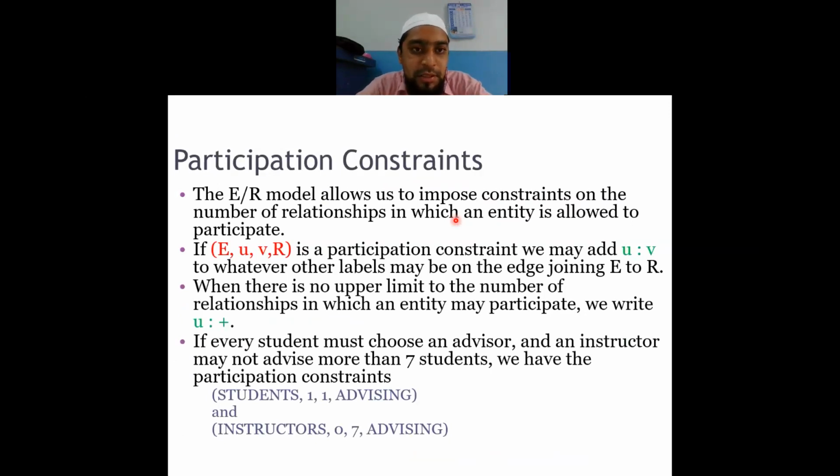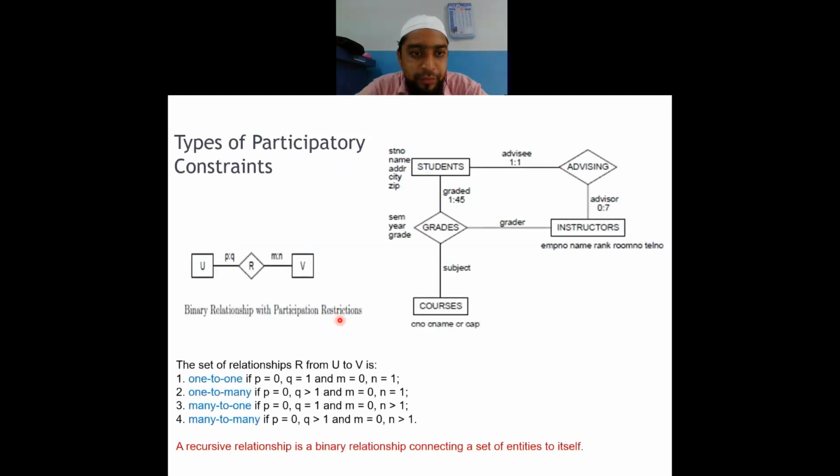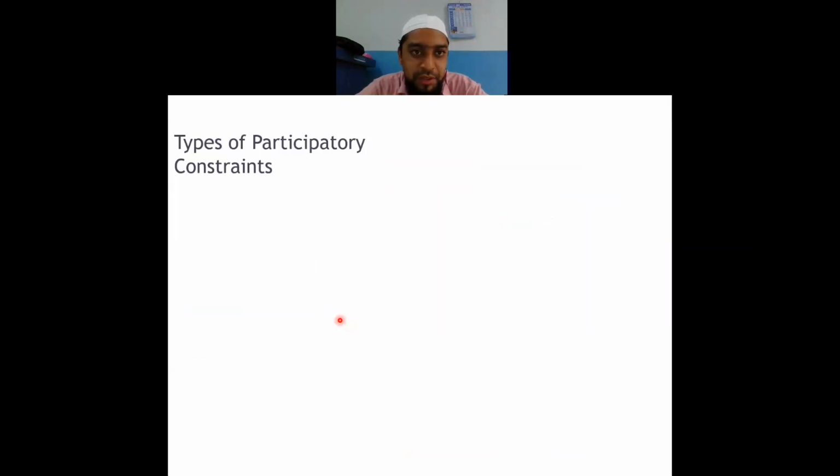This participatory constraint. Here the definition is not so clear cut, but whatever I said, please note it down. It's being recorded, so you can review it and get to know the definition.